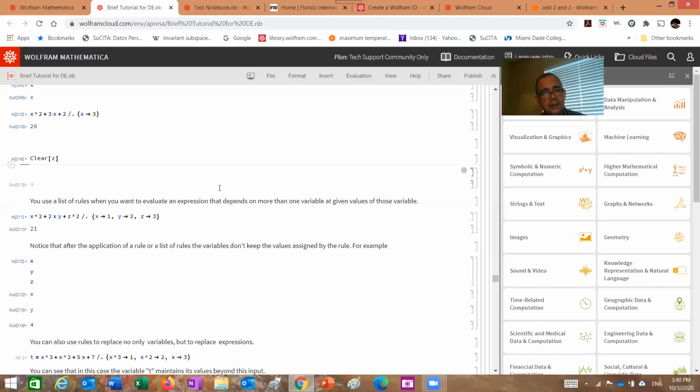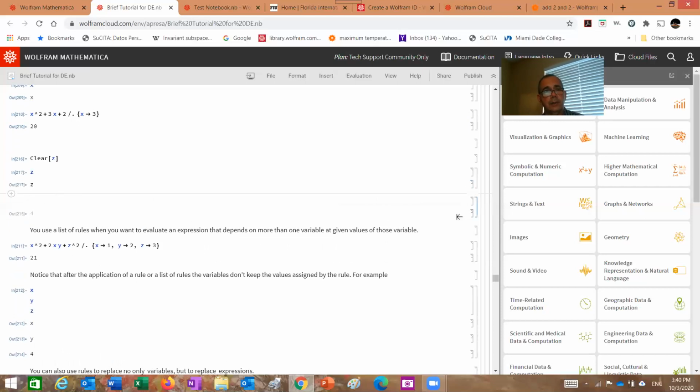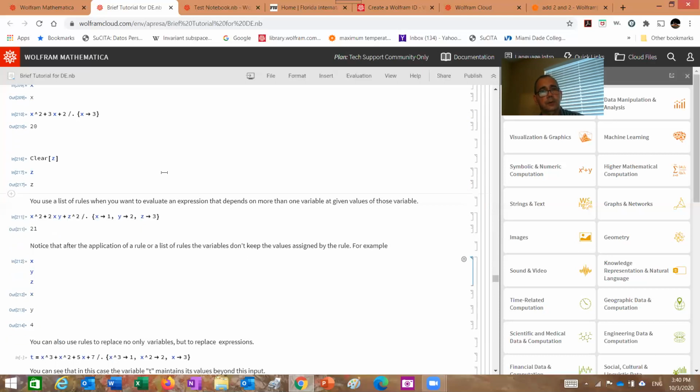Now, if you enter the z now, and you press shift enter, you get no value.